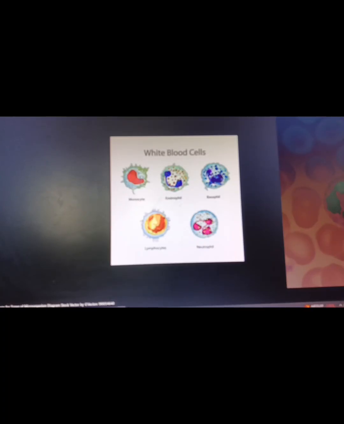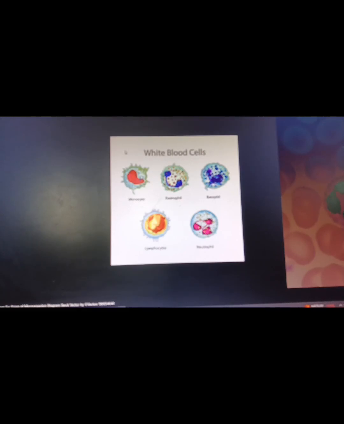These granules are very prominent in size, so they hide the nucleus inside. Next one is neutrophil. It contains a multi-lobed nucleus. This type is most abundant. That means WBCs contain neutrophils in the maximum number, approximately 60 to 70% compared to other types.